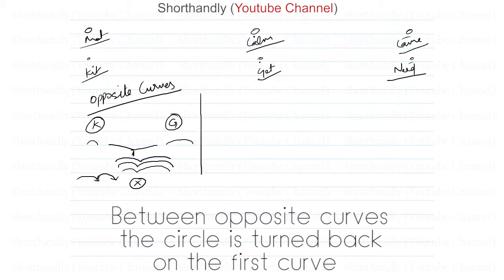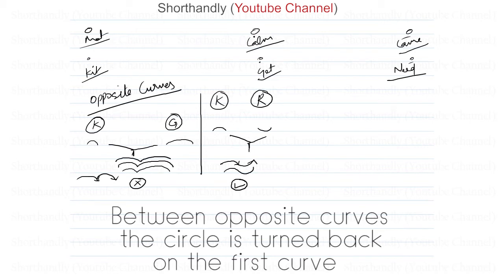But if we take another character, first K and then suppose R, K is made like this and R is made like this. Now if we join these two characters, we get a final character like this. So now we can call this opposite curves, because first K is made like this, then R is made like this.